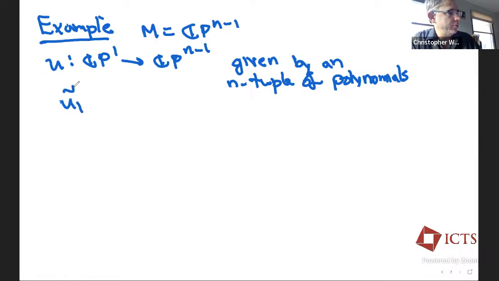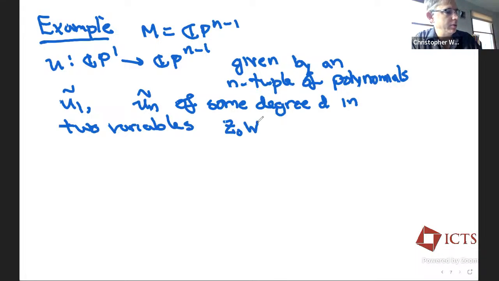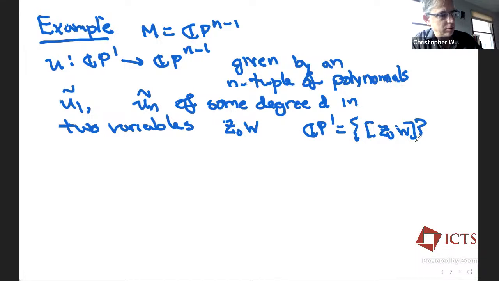Let's call them U1 twiddle up to UN twiddle of some degree D in 2 variables. Let's call them Z and W. So for CP1, I'm thinking of having homogeneous coordinates Z and W. And I take polynomials in these variables. This gives me the components of this map.